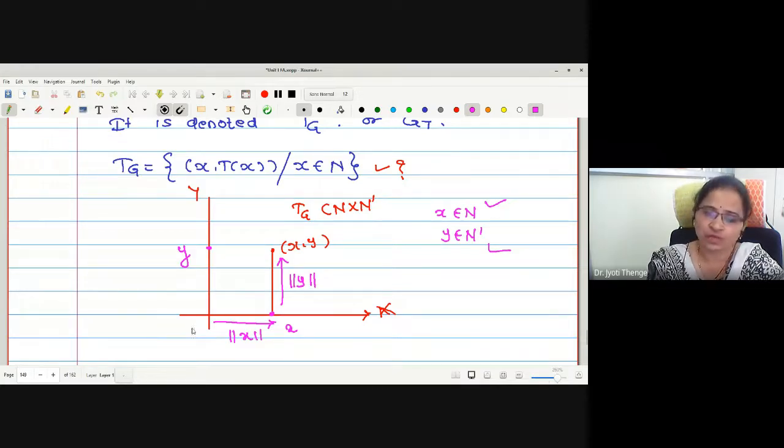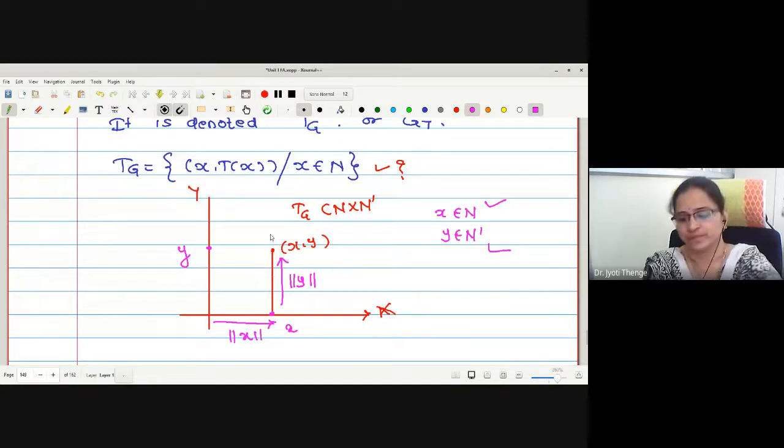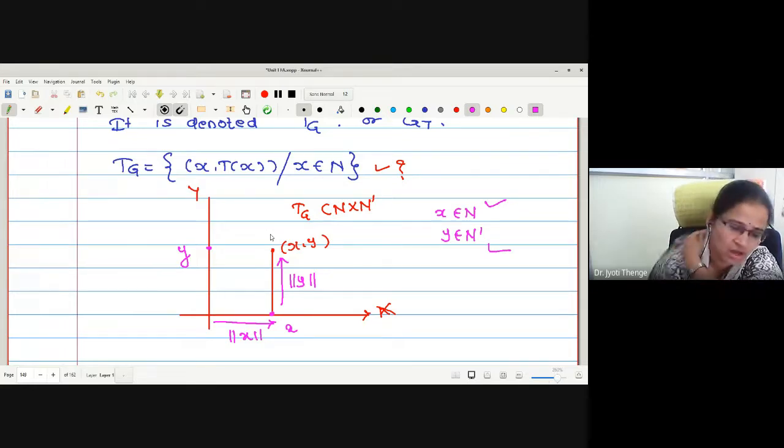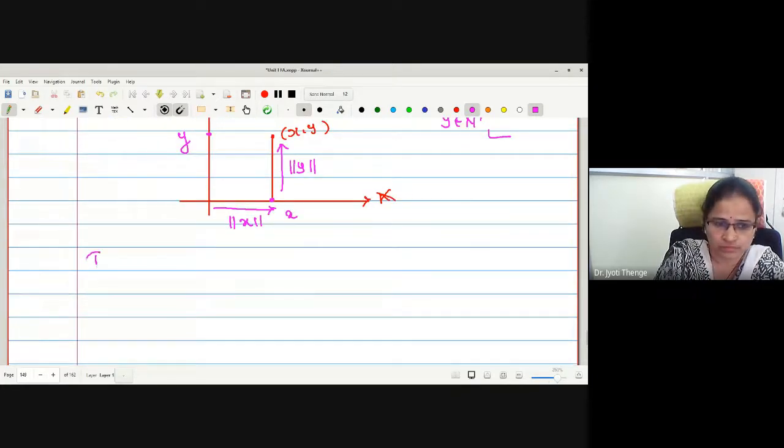Therefore, what kind of norm are we observing? Norm x plus norm y. We will check whether it is a norm on your graph of T or not. This is one norm we were discussing: norm x plus norm y.